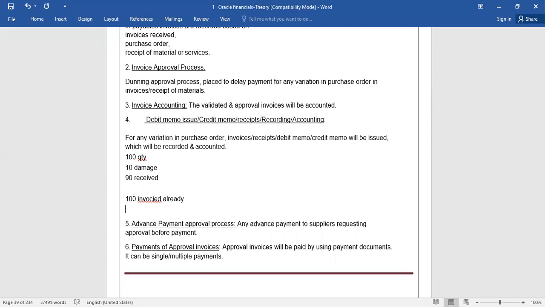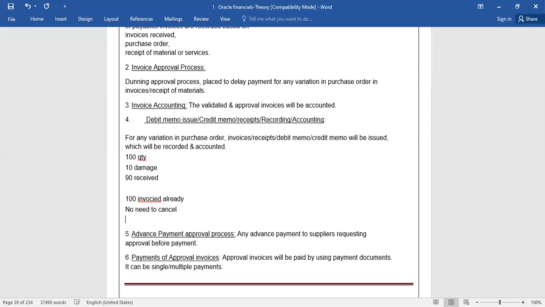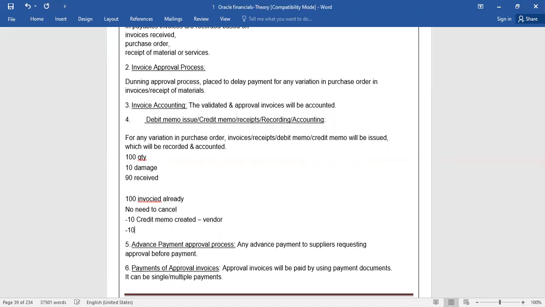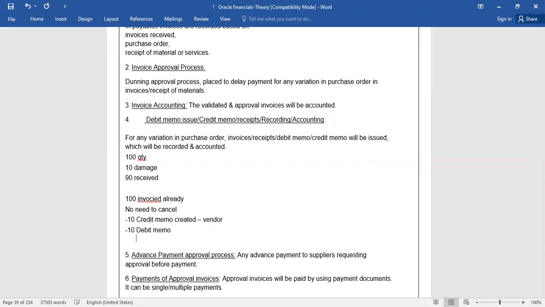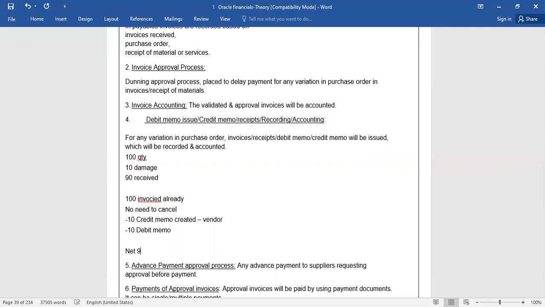No need to cancel the invoice. A credit memo is created. Since the vendor creates it, it is a credit. We create, we credit. But mostly this is accounting-wise and practically correct.